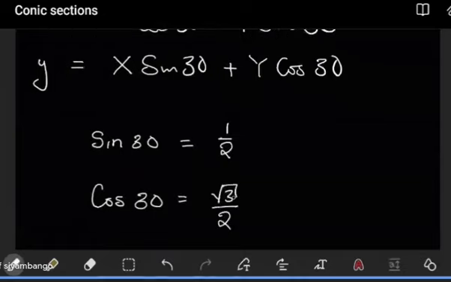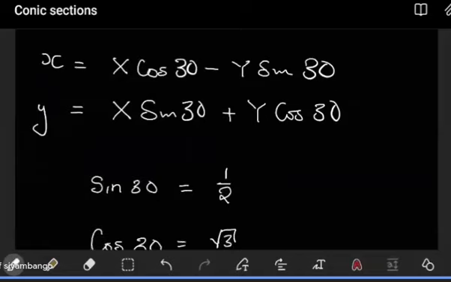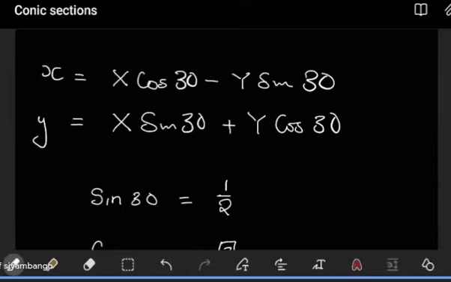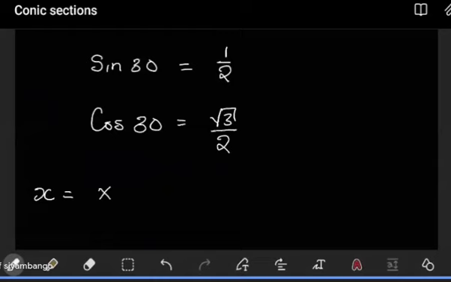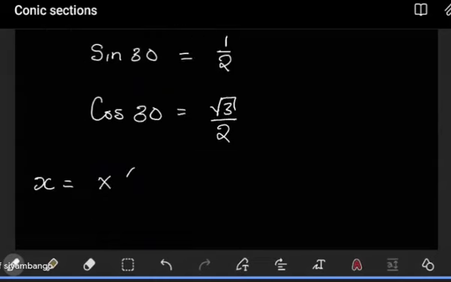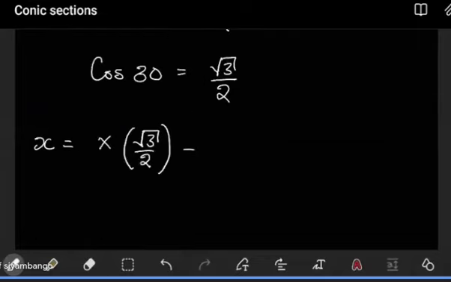So now that you have these two figured out, you can then substitute. Where you have cos 30, you put root 3 over 2. Where you have sine 30, you put half. So this now becomes x multiplying cos 30, which is replaced by root 3 over 2, minus y multiplying sine 30, which is replaced by half.